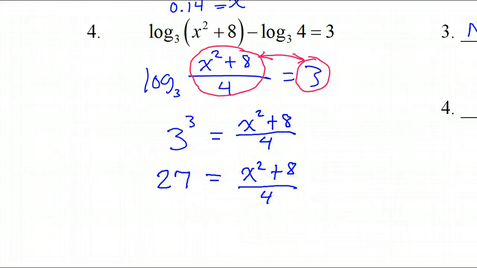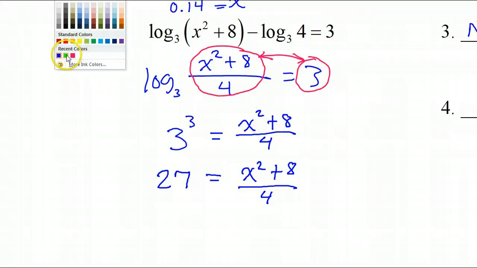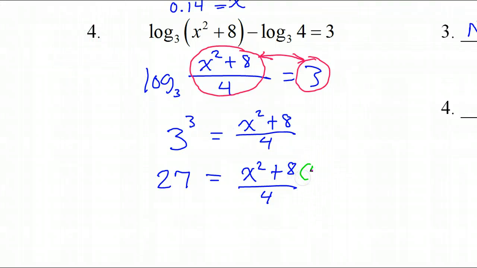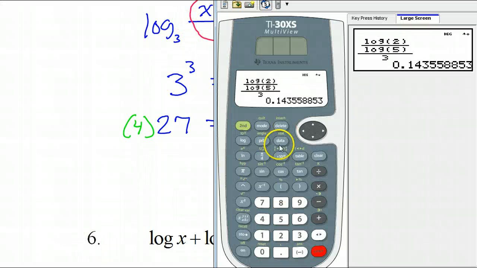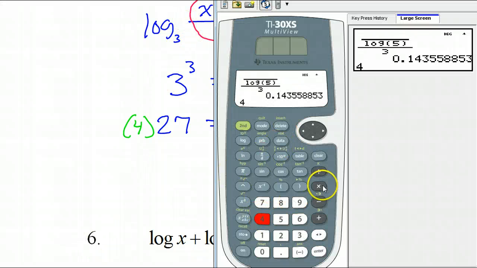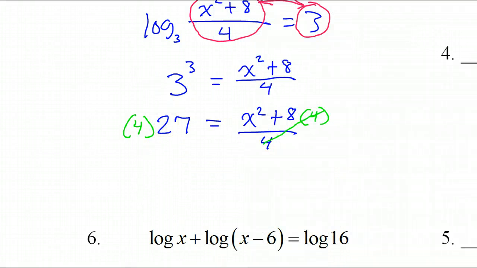To get rid of this fraction, we can multiply both sides by 4. So those are going to cancel out. Let's see, I think this is 81, but let's check. 4 times 27. 108. See, I would have been wrong. 4 times 27 is 108.